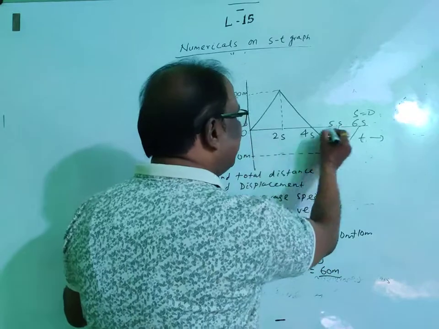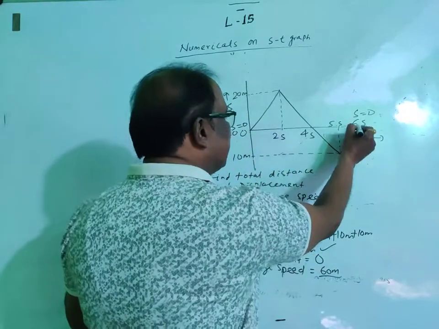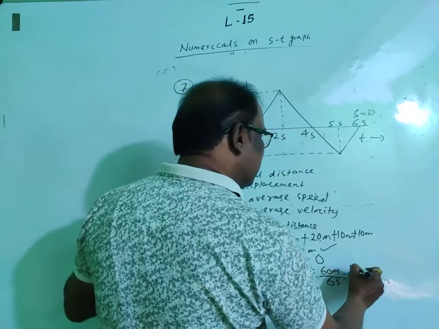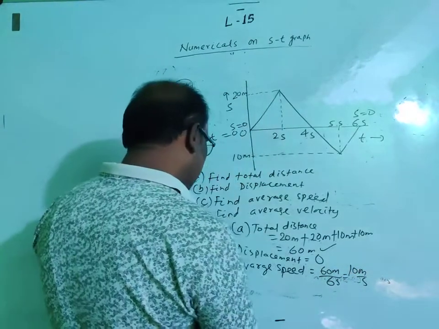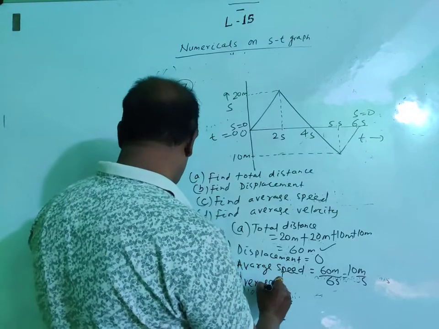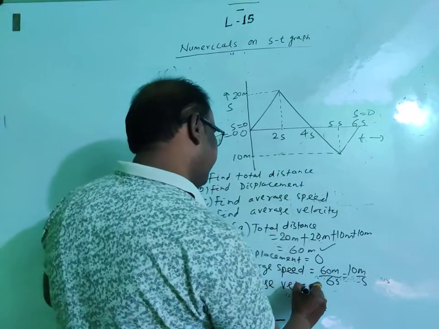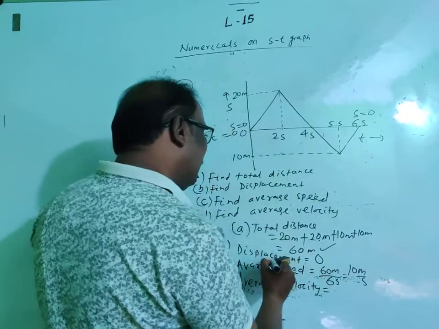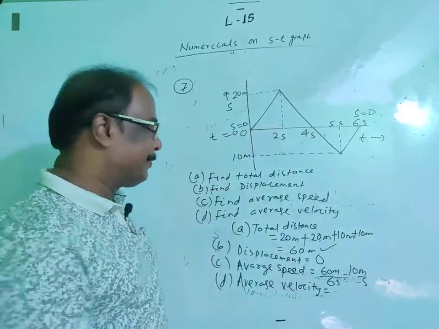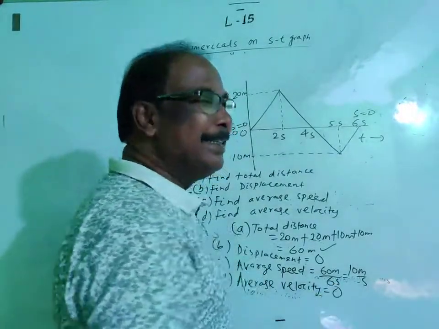And total time is from 0 to 6 seconds, means total time is 6 seconds. So it is 10 meter per second. And D bit, average velocity. Total displacement is 0. Velocity is displacement upon time. So average velocity is 0.